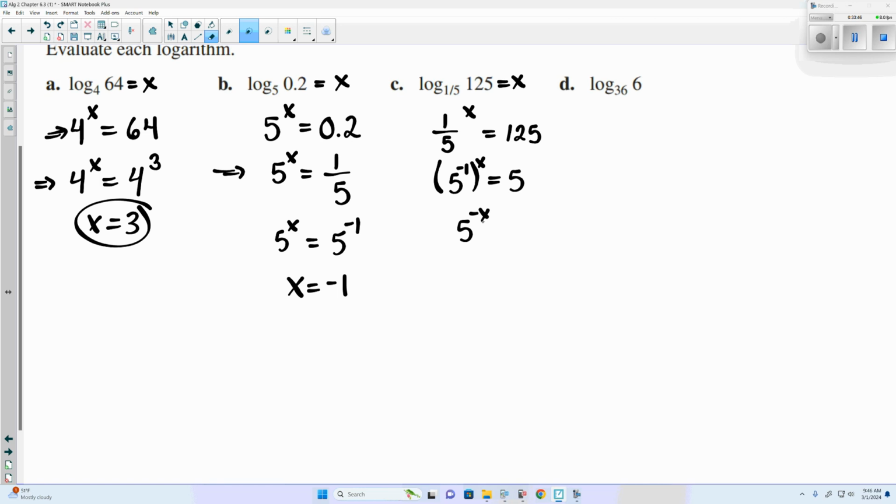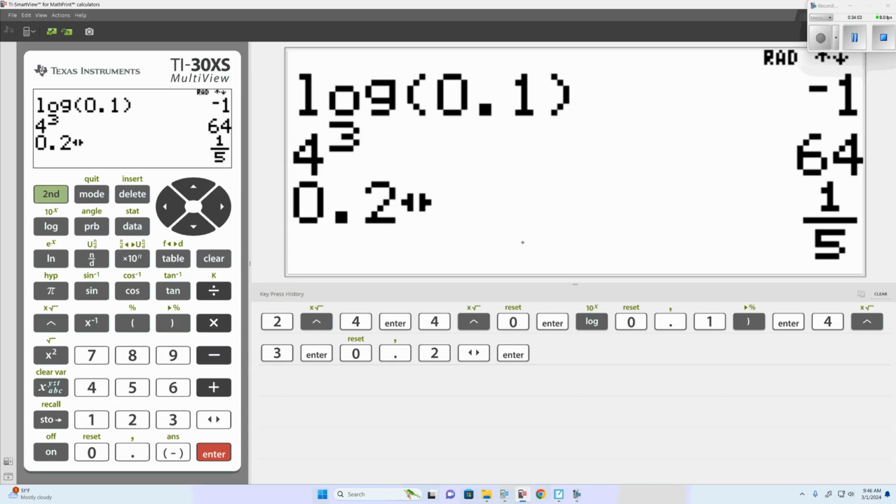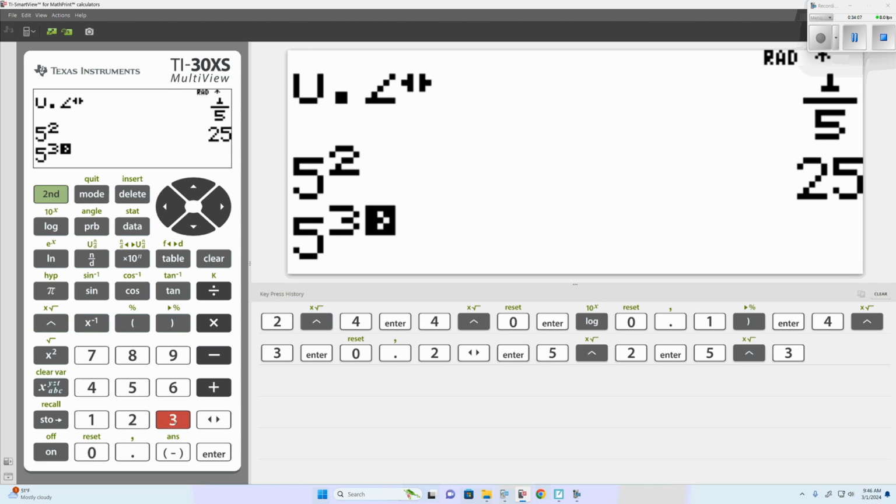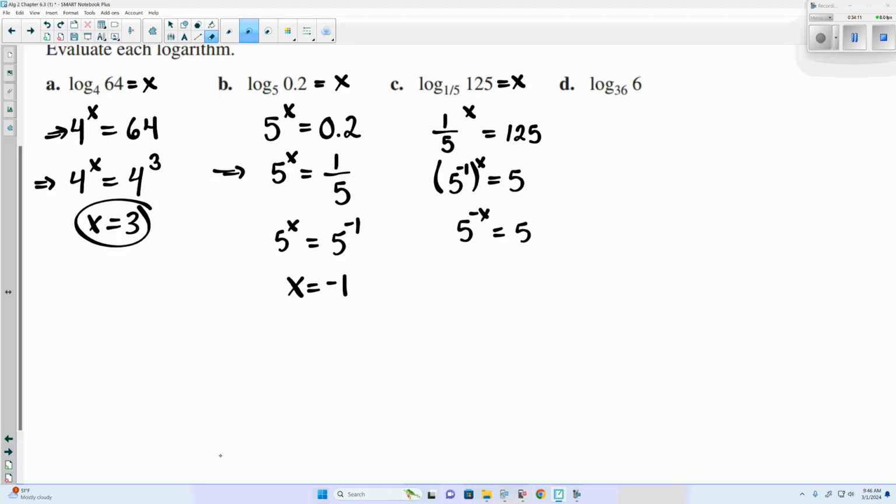So we have that there, equals 125. Well, that's why I picked 5, because I know the left side is going to have 5 to a power, 5 to the -x is equal to 125. Well, if we're not sure, we can just do 5 to the second. Well, that's 25. 5 to the third is 125.